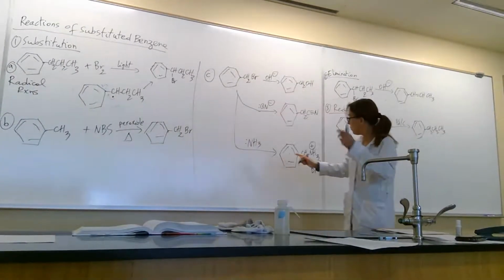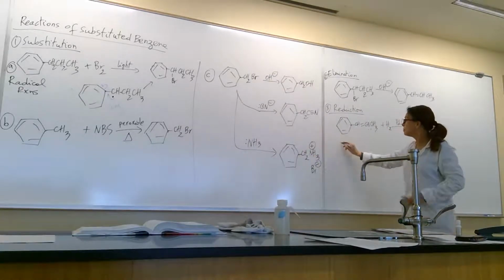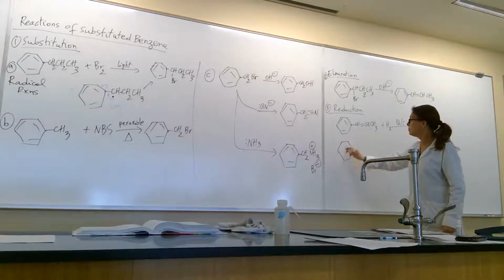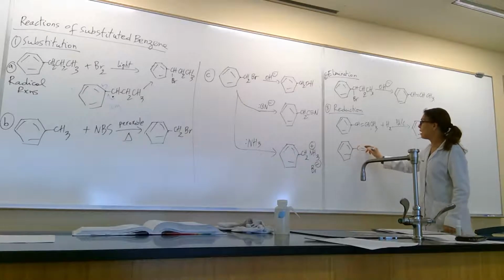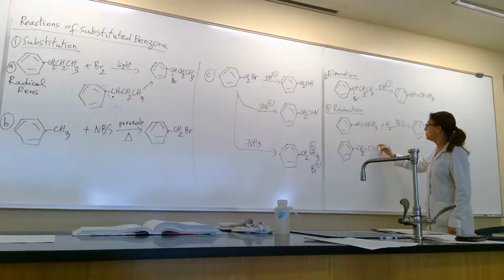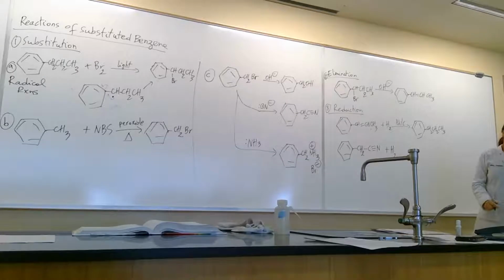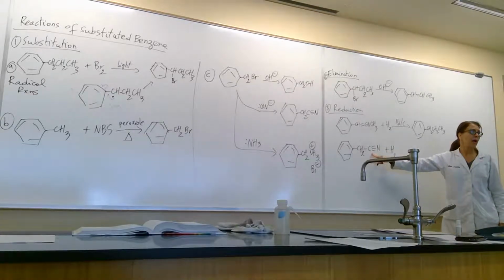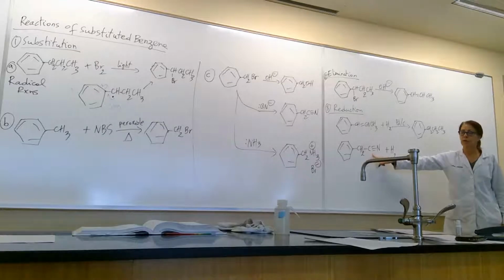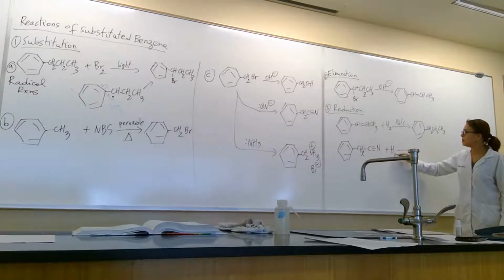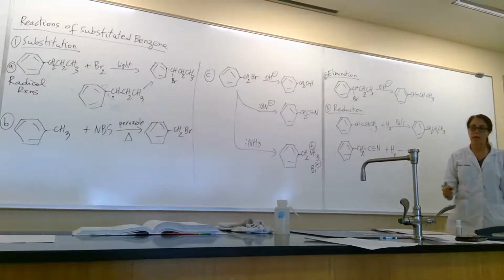If I take now this one, so all of these are, of course, reactions of substituted benzenes. So what if I do hydrogenation here? Same thing. This will add to the triple bond, but the only difference is you need a different type of catalyst.